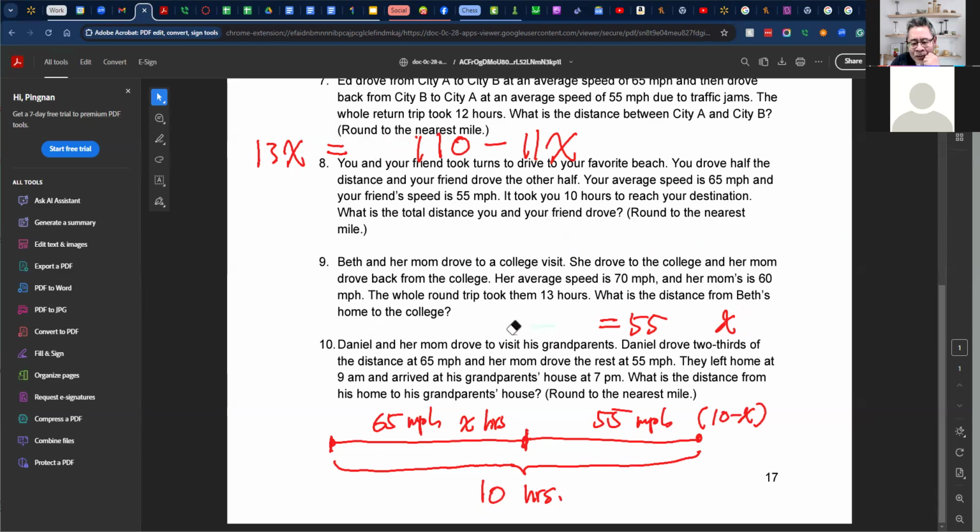What is our next step? Yeah. Can you solve this equation?